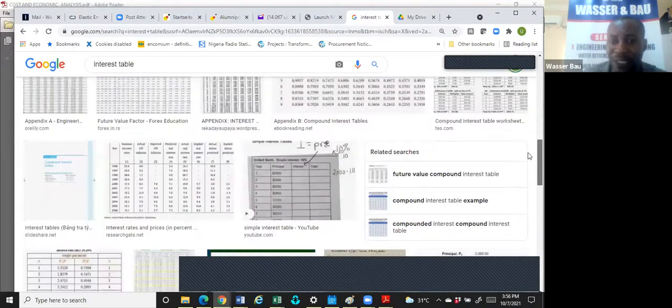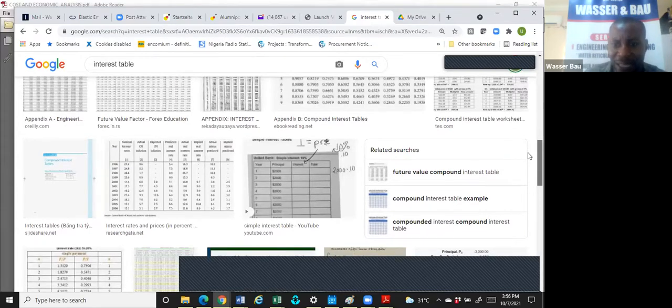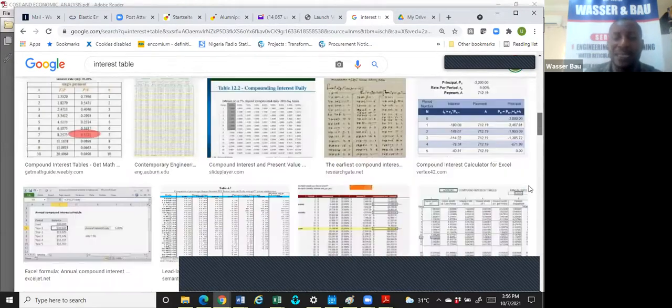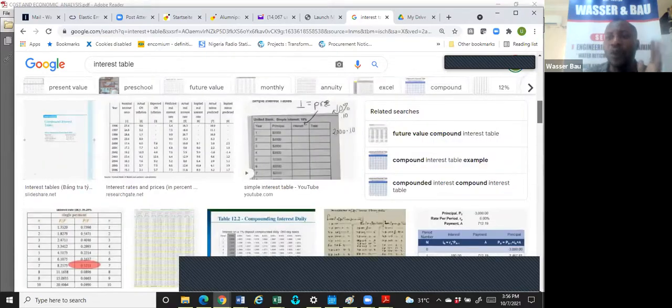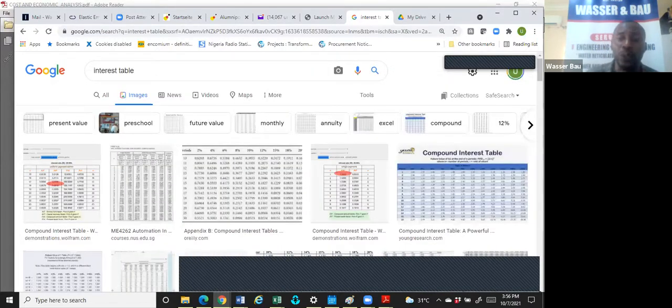For those in civil engineering, remember our structural design, we always make use of charts. Column design, chart. Reinforcement design, chart. Most calculations we do in engineering are always charts. So at our level, you don't need to do mathematical calculation again. Just use the interest table.